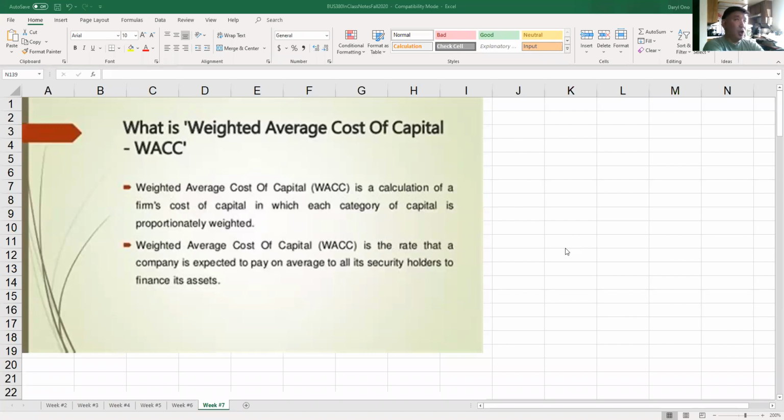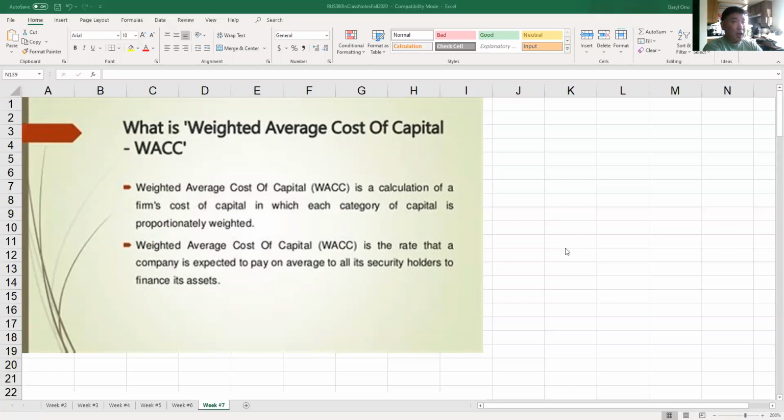Okay, so here we go with the weighted average cost of capital. You can read what's on the screen there. But what is the weighted average cost of capital? That's the borrowing rate for the company. The company is going to be a combination of long-term debt and common equity, and the company is basically borrowing money.